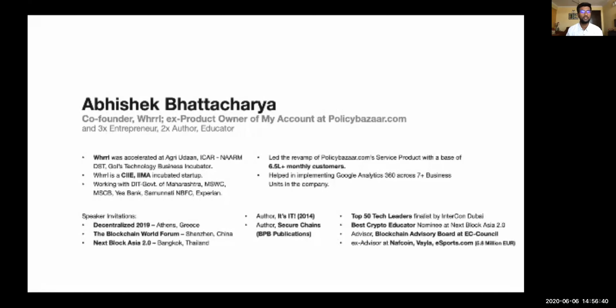We have got a sufficient amount of traction even in these lockdown days. We went from 5 warehouses in Maharashtra to a pilot of 1,000 warehouses in the state of Maharashtra. Apart from that, I've been into blockchains for the last 3.5 years, academically as well as commercially. With that, I'll proceed and take on the day's content.